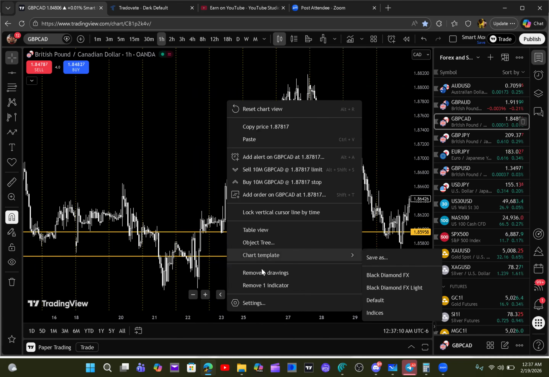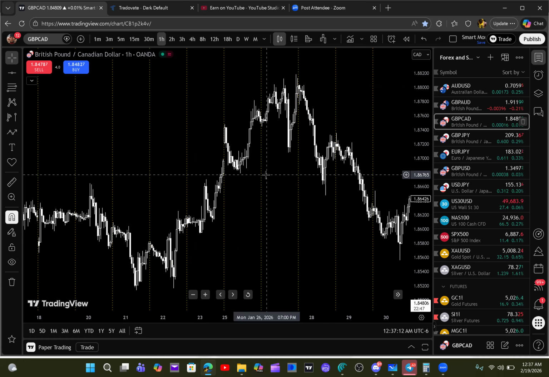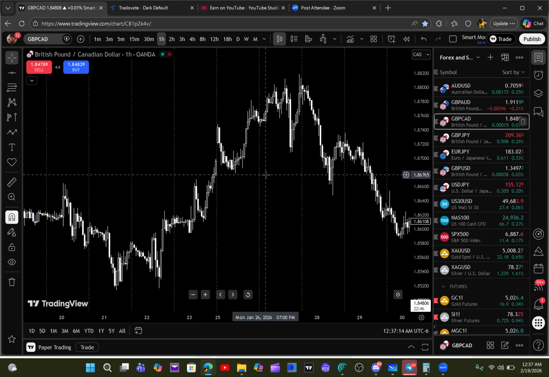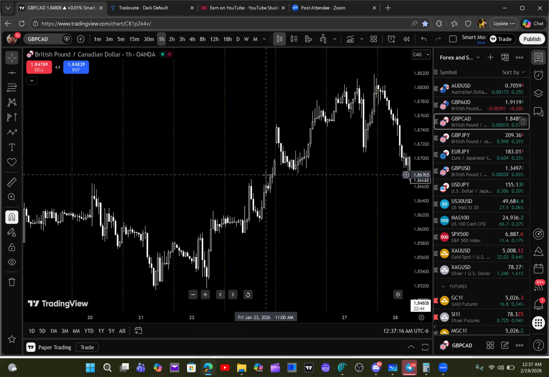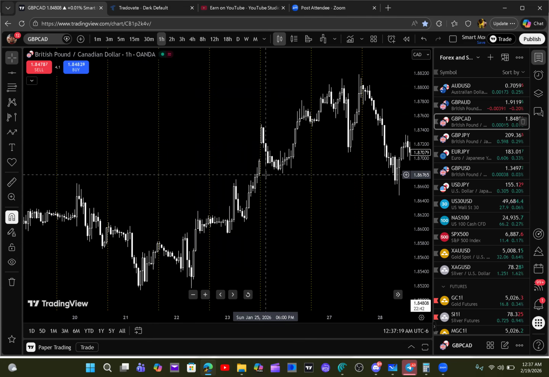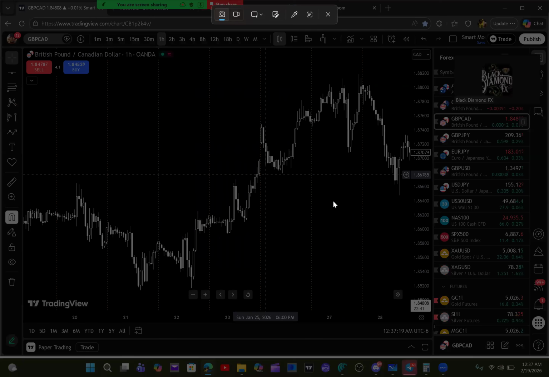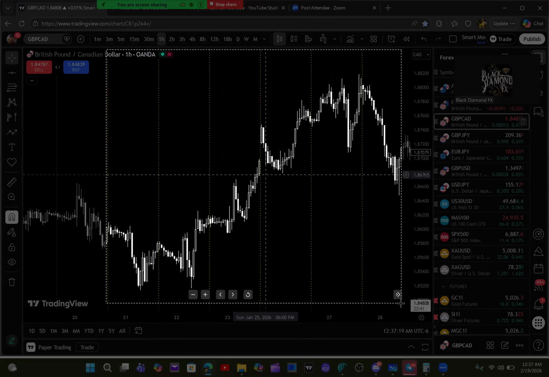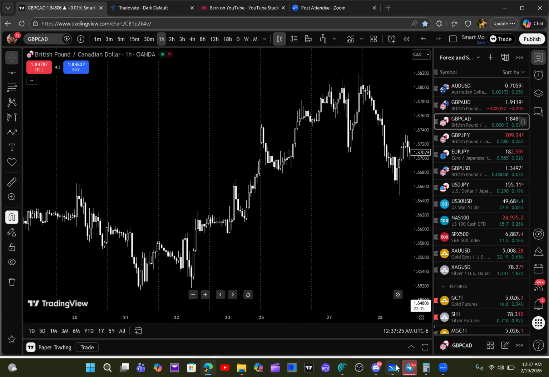This is GBP CAD. See how price is moving? I'm going to screenshot this again, and we're going to take it back to the drawing board. And I'm going to show you.